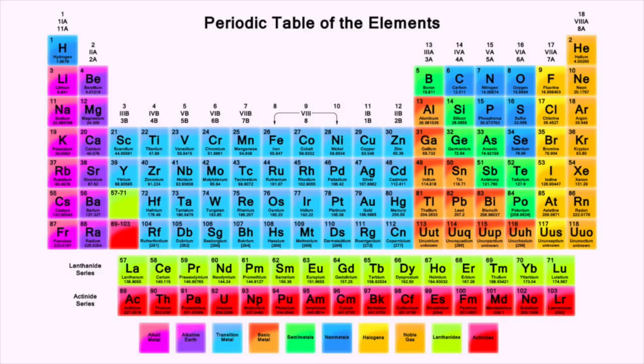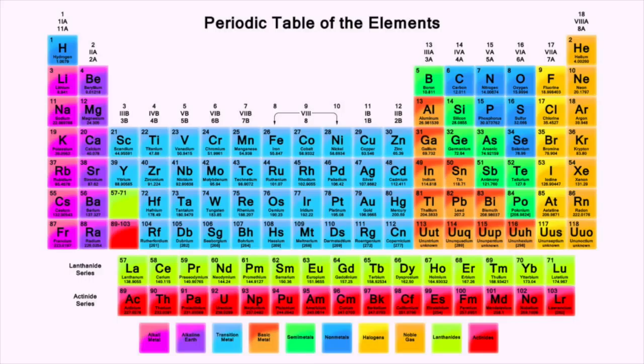And it's true, it does. Now, except for hydrogen and helium, the rest of the table, as you move from left to right, tends to follow the pattern of metals to metalloids and then to nonmetals.